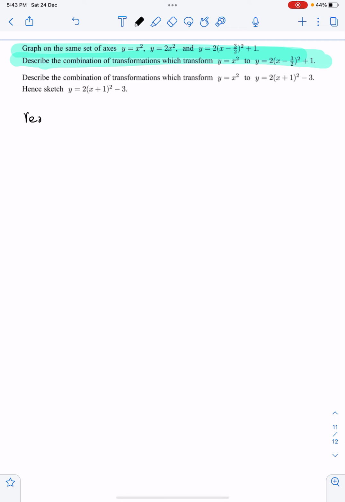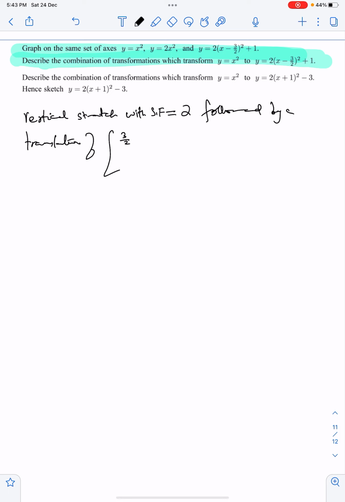So I'm writing vertical stretch with stretch factor 2 and followed by a translation of 3, 2 and 1.